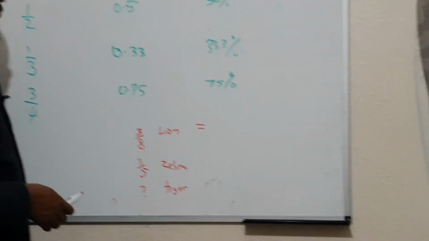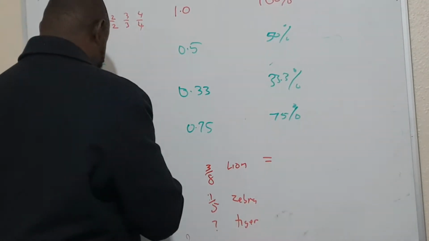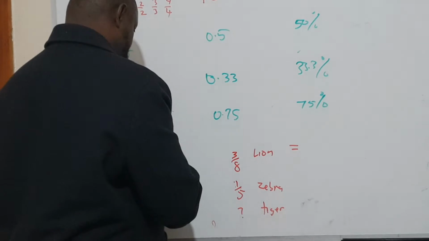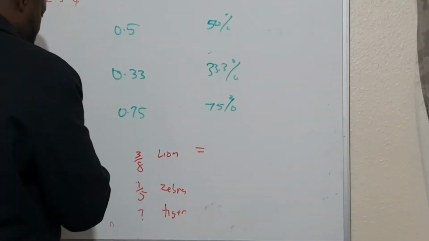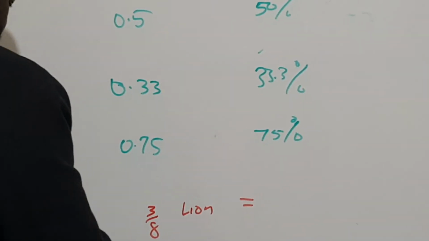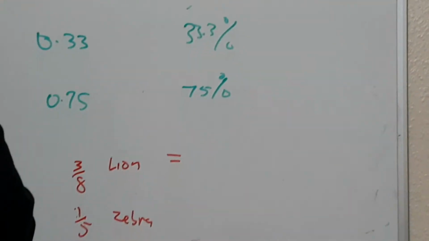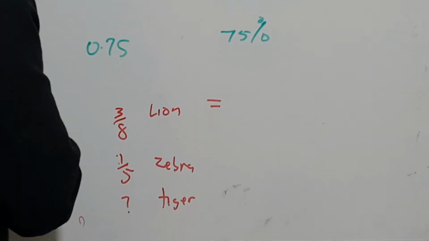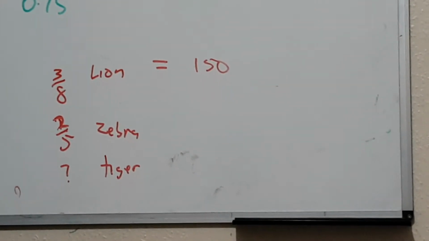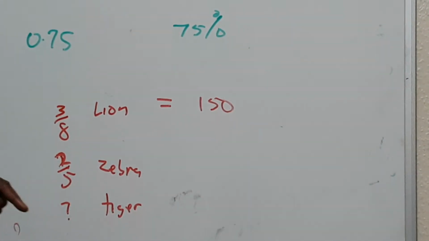Now the number of lion, according to the question, the number of lion was... So now look at this question.